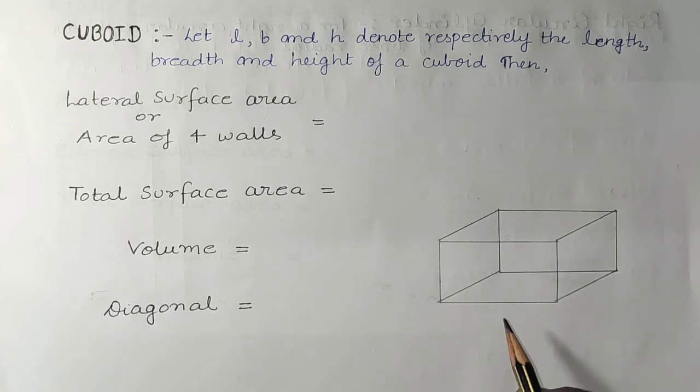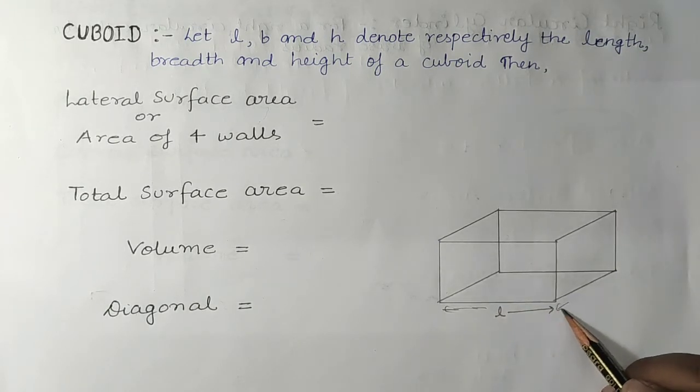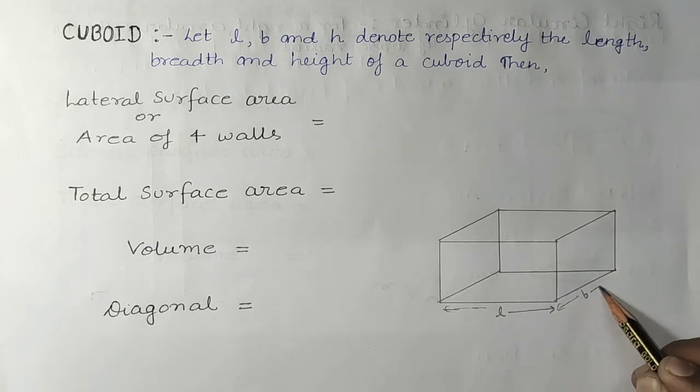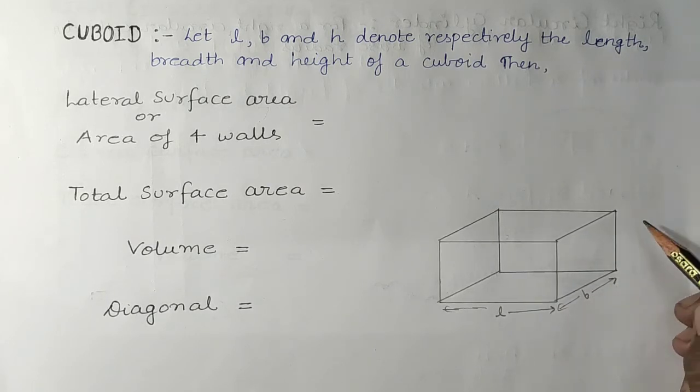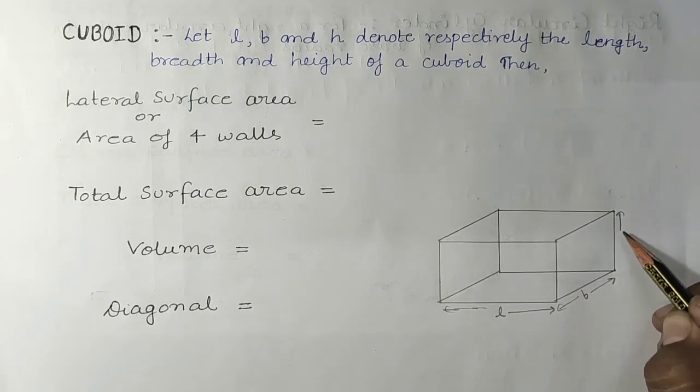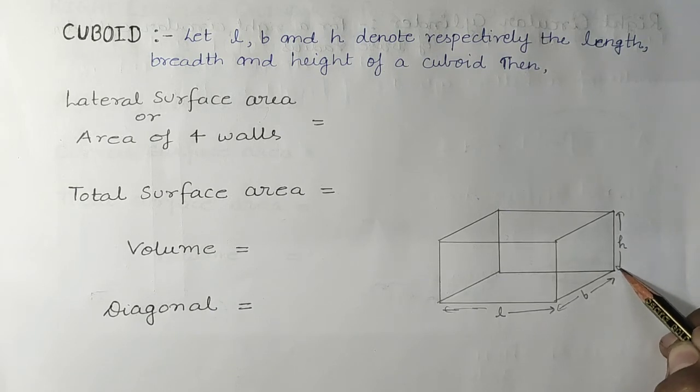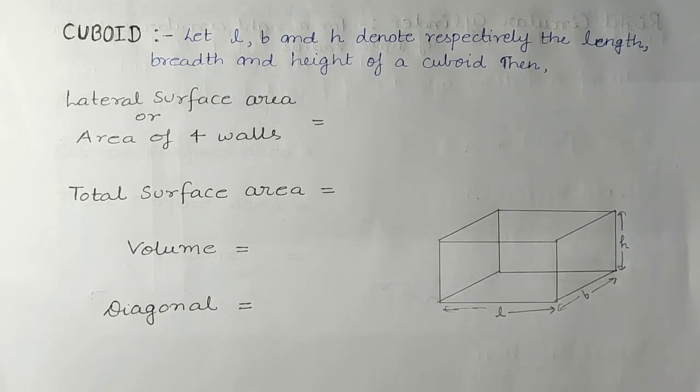In this figure, this dimension is considered as its length, this dimension as its breadth, and this as its height. In a cuboid also there are 6 surfaces.